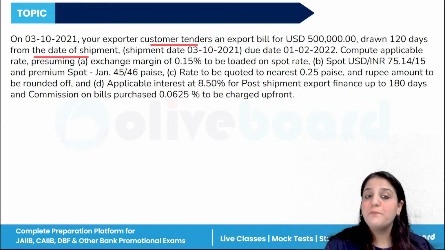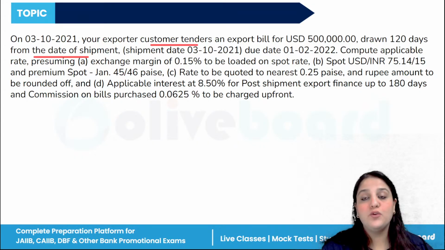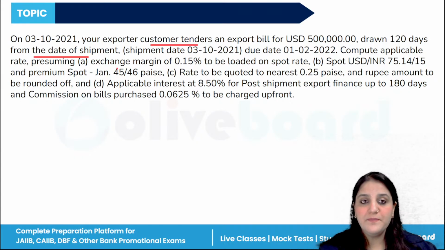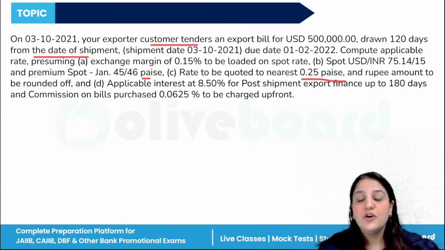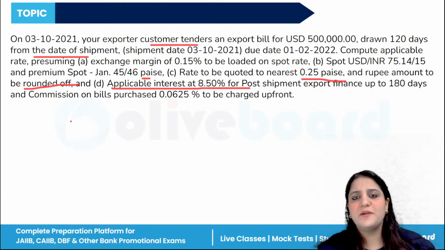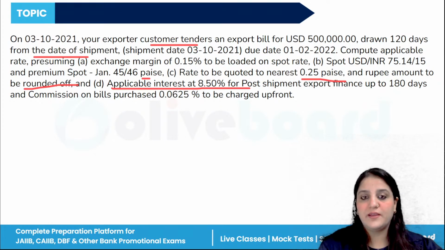We have to compute the applicable rate by assuming that the exchange margin is 0.15 to be loaded on the spot rate, and spot US dollar INR is given, premium for January is given, rate quoted to be nearest 0.25 paise, and rupee amount to be rounded off. Applicable interest is given, a commission on bill purchased is given. So how to calculate the answer here?